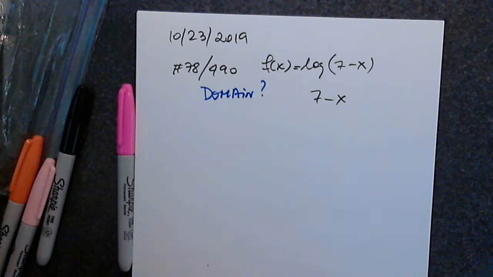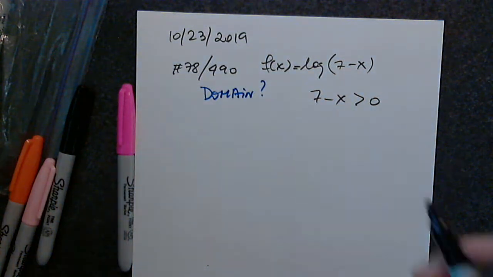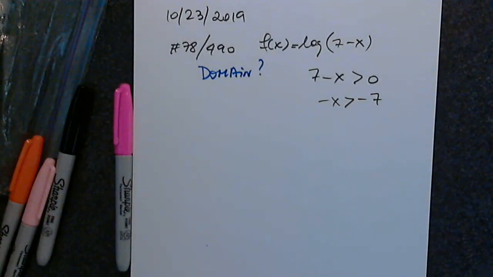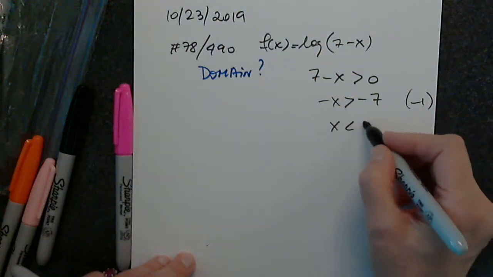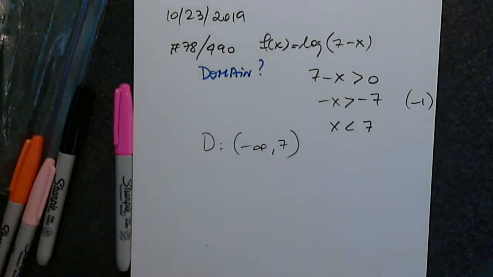Careful. Excellent. That's the condition. Very similar to the square root, but in this case, not 0. So then I move 7 to the other side, negative x greater than negative 7. What happens next? Very good. So now the domain of this function is negative infinity to 7. Perfect.